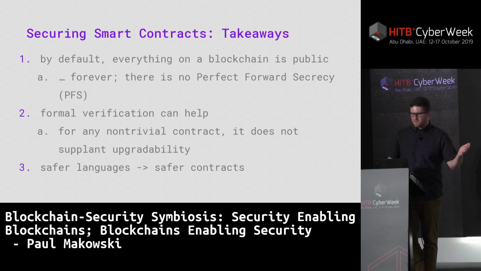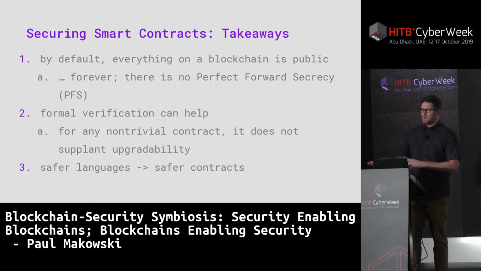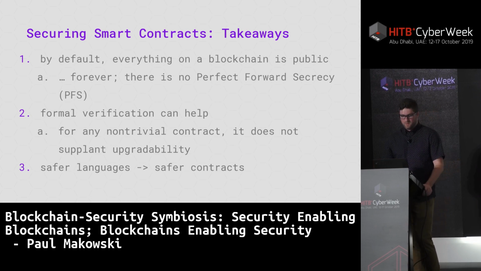So if something is discovered, you need to fork, or you need to get people to move everything off to another contract swiftly. And finally, safer languages make for safer contracts. So the move from Solidity to Viper is going to help with this, and we're seeing this in other spaces as well.